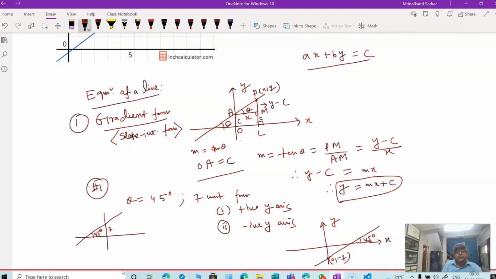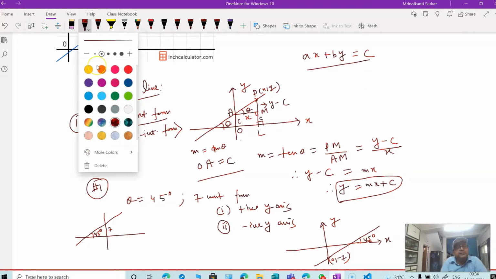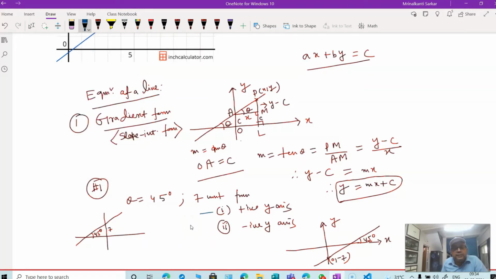Therefore, the equation of the line in the first case is going to be y equal to this plus 7. And this time it is going to be y equal to the same thing, because it is the positive x-axis, no?